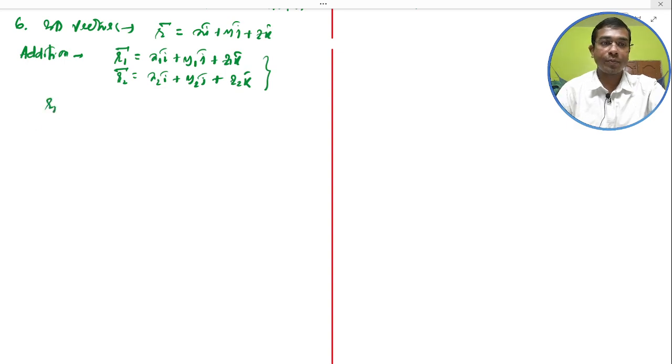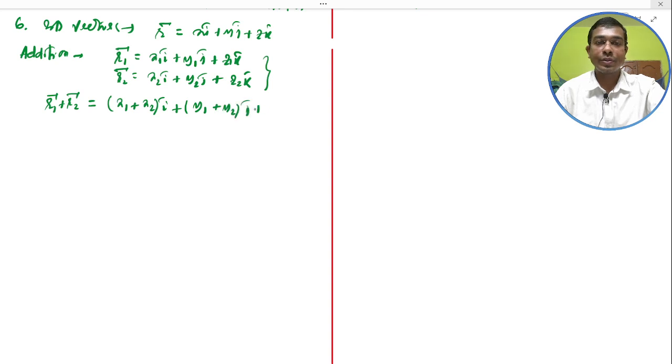So the addition of two vectors, R1 plus R2, is equal to (x1 plus x2)i plus (y1 plus y2)j plus (z1 plus z2)k.